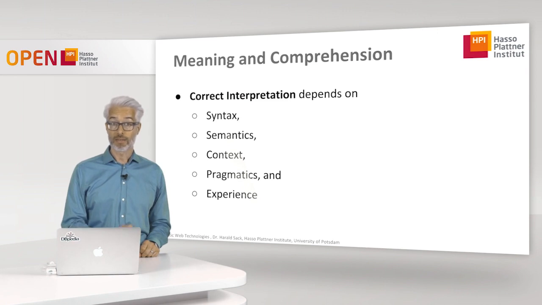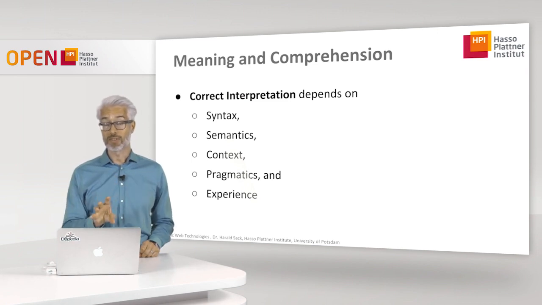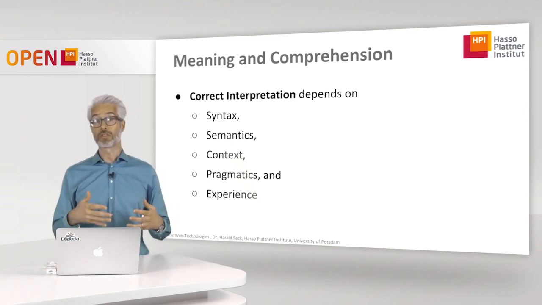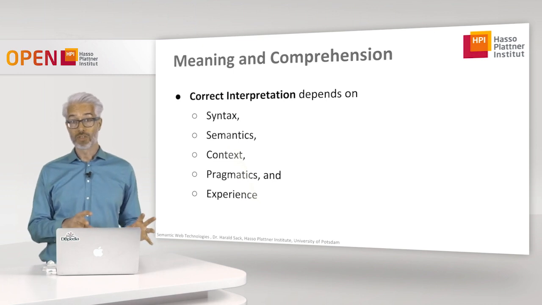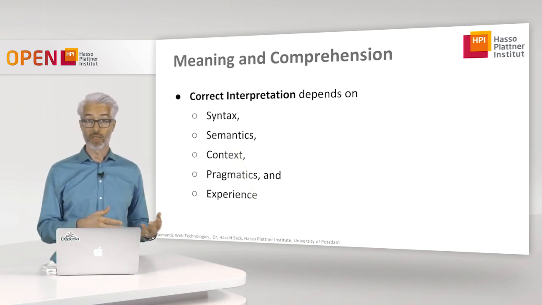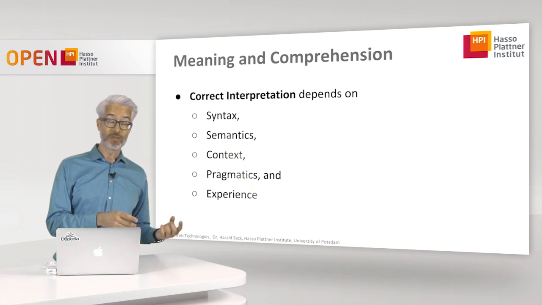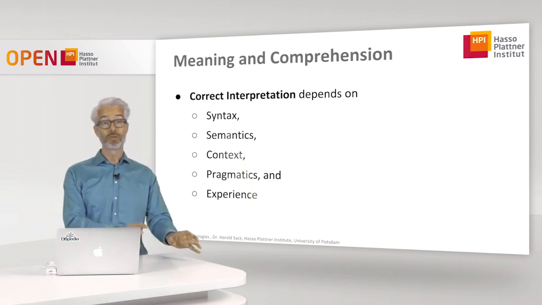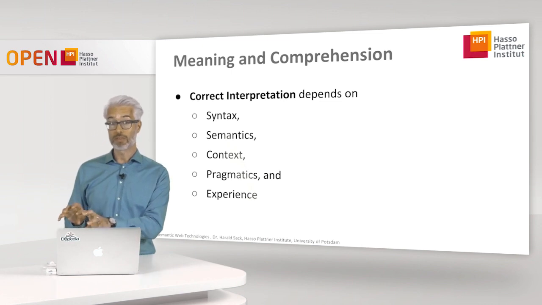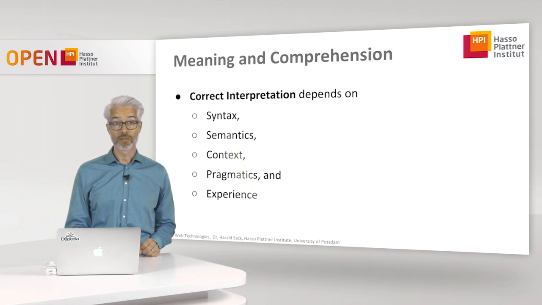On the other hand, it also depends on the so-called experience of sender and receiver, because the experience, the world knowledge, what you know about the world, determines also the way a message is interpreted or how you formulate your message, because as a sender you intend to adapt the information content to the world knowledge and the experience of the receiver. So these concepts are closely coupled and are important to grasp the meaning of understanding.